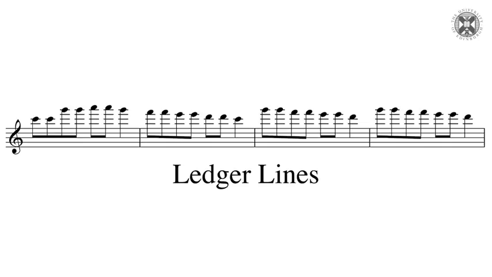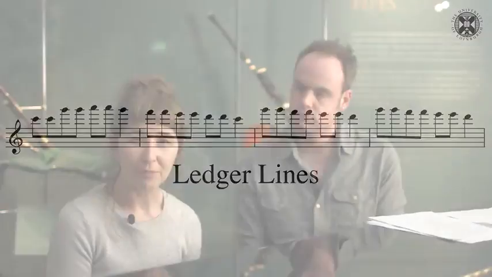And secondly, even using reasonable amounts of ledger lines above and below the stave, we're still not getting at all of the ranges of pitches that real instruments and real voices actually use when they're performing music. If you think about a bass guitar and you compare it to a flute, we've got really low sounds and we've got really high sounds.